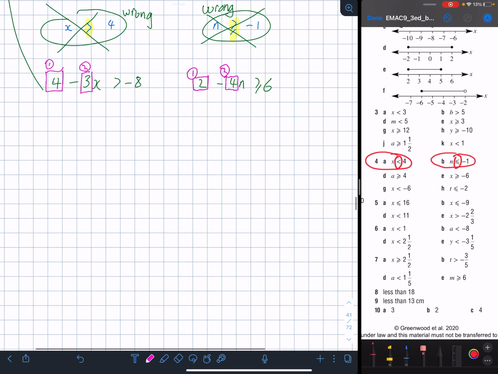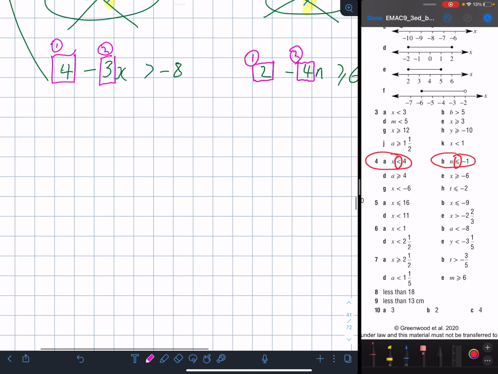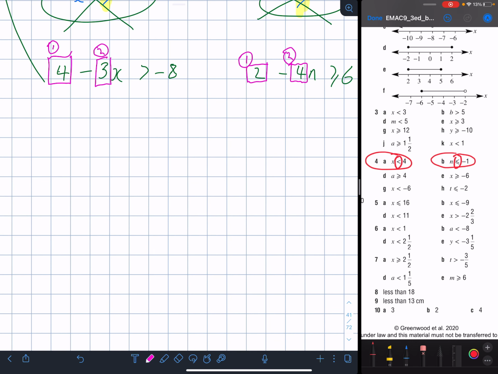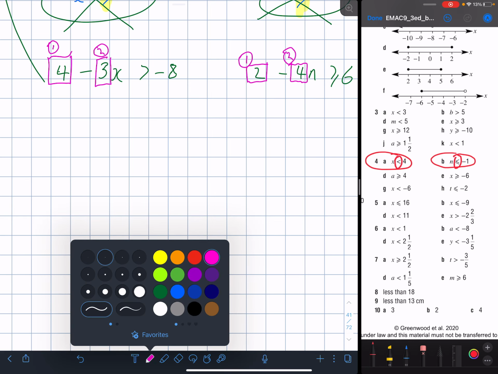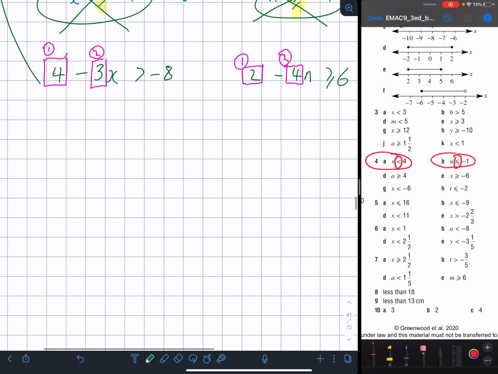Okay, let's go down and we'll get started on the one on the left. So what we want to do is remove the 4 from both sides. So we're going to do an inverse operation. We're going to -4 from both sides. And so that will give us on the right, -8 minus 4 will be -12.